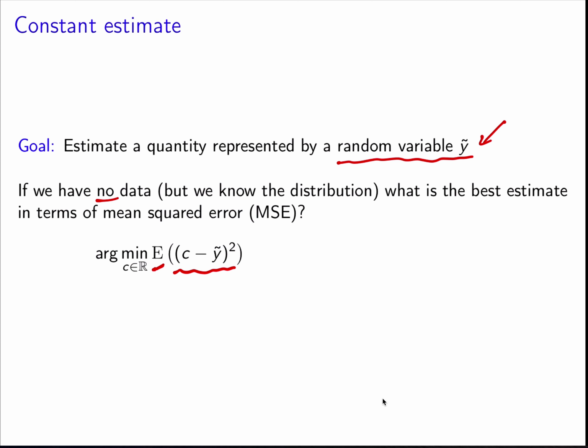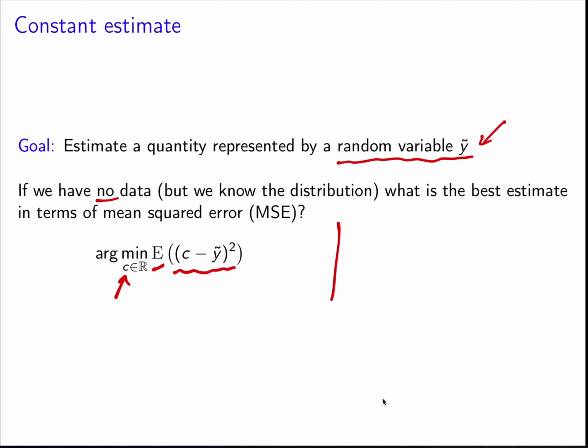Okay, so now the question is very simple. Because we know nothing about this random variable y and we are assuming we have no additional observations, we're going to just use a constant to estimate it. Here what we're saying is, what is the best constant c that approximates y?